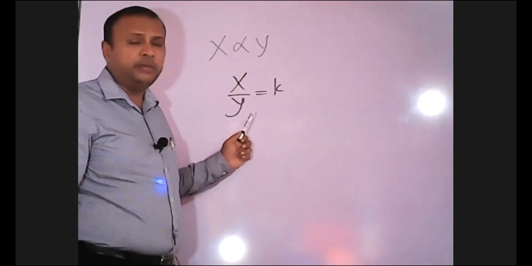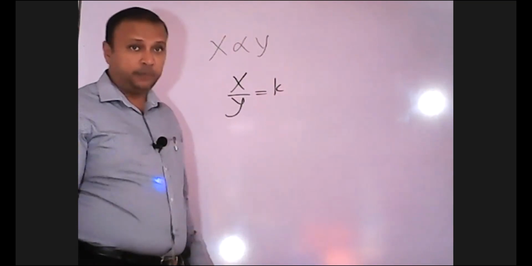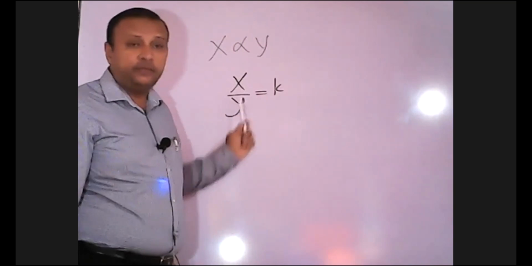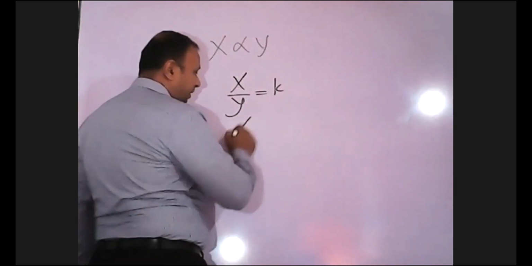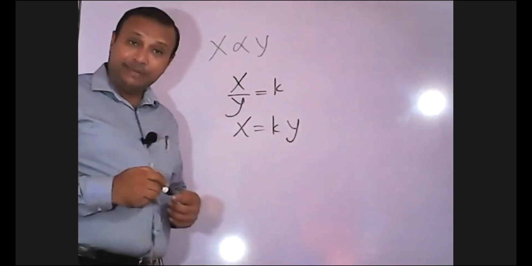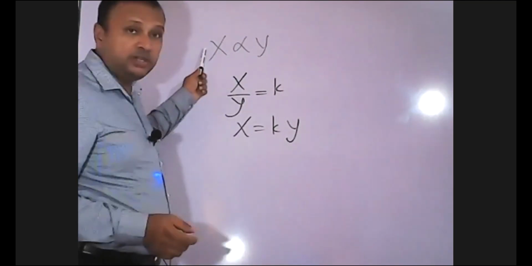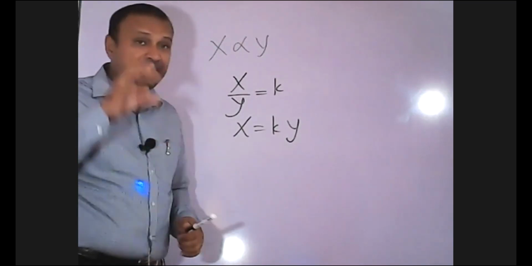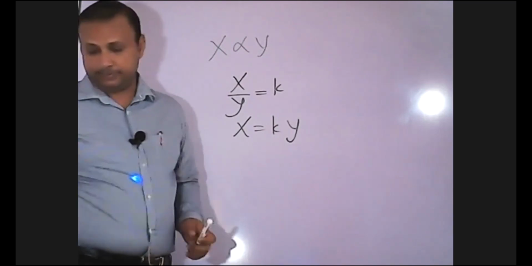This is the way of building an equation. We can write the ratio of them as equal to a constant. Okay, so we have converted this relationship into an equation. So we can use this method to build an equation.